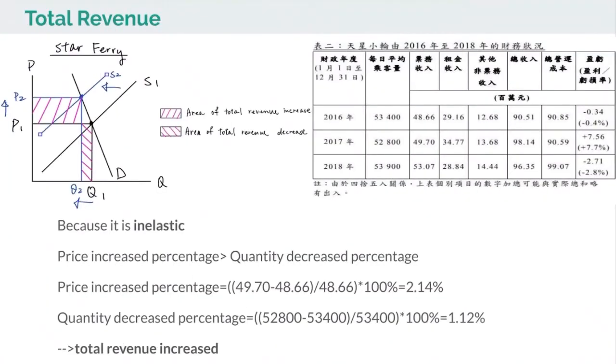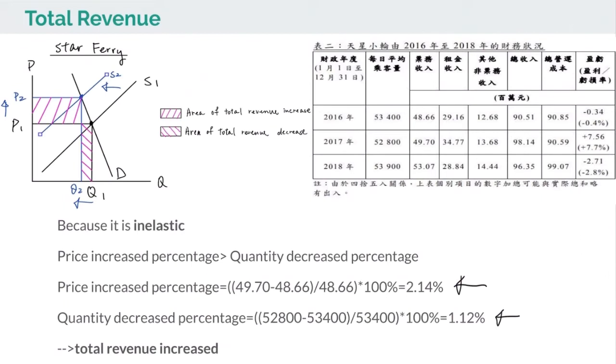As mentioned, Star Ferry is inelastic. When the supply curve decreases, the price increase percentage is more significant than the quantity decrease percentage. In the calculation, the price has increased by 2.14%, and the quantity has decreased by 1.12%.